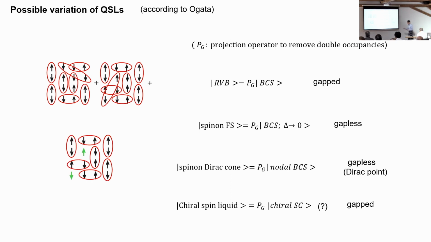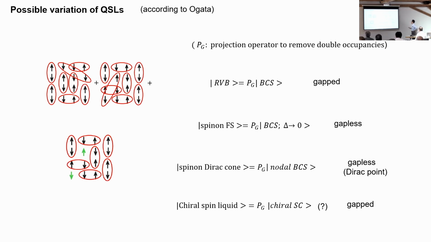But based on the RVB, even in this common concept, we have a variety of spin liquid states, and I cannot follow all of the theoretical proposals. But this is the representative one.